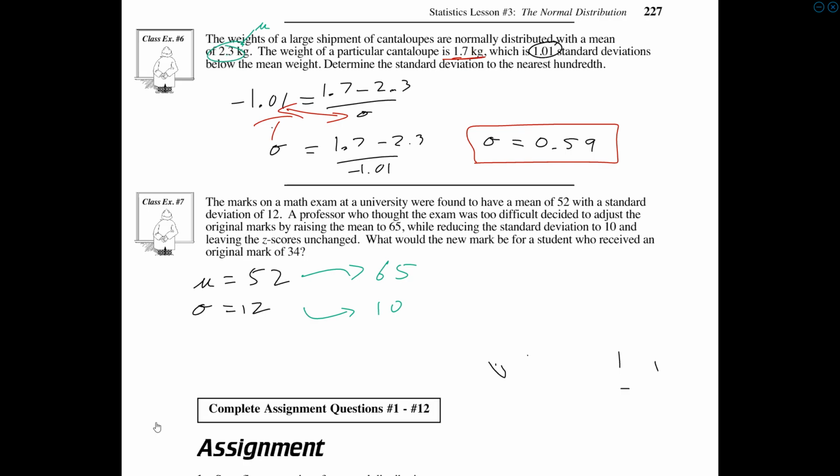What would be the new mark for a student whose original mark was 34?